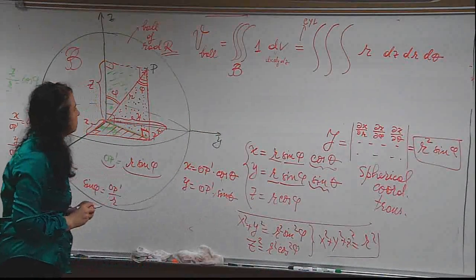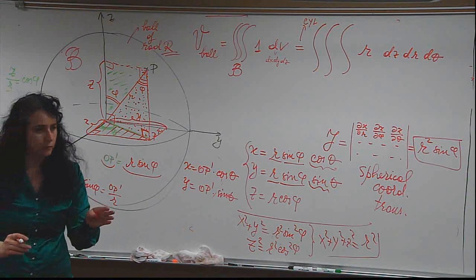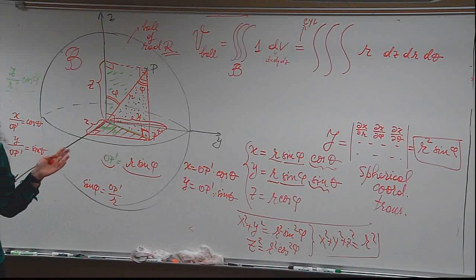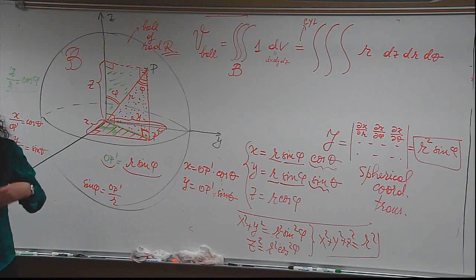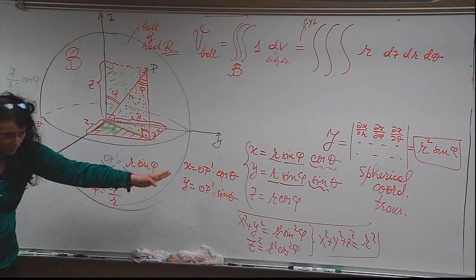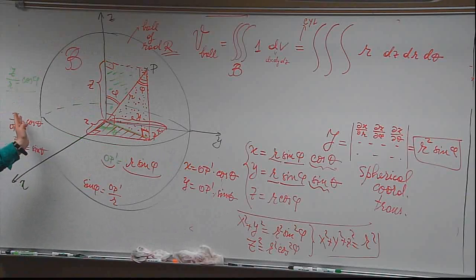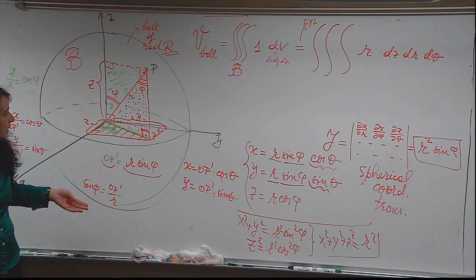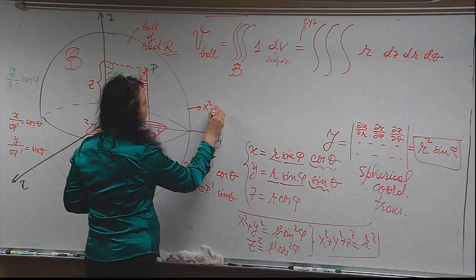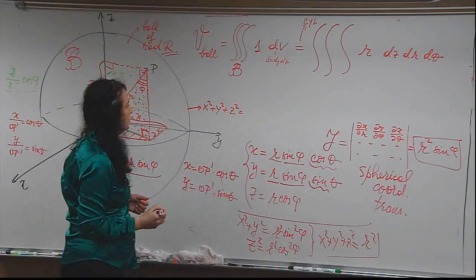And for z, we can do what Bexat said, what Matthew or several of you said. When you have a symmetric object, you split it in half and you say double the area. We can always do that. Or you can go from the southern hemisphere to the northern hemisphere, and you practically get the same thing. Now, for the ball we have here, you have x squared plus y squared plus z squared equals, what was the radius of the ball? r squared.